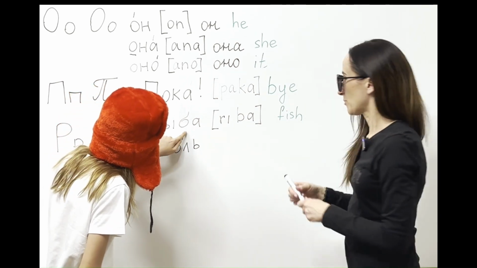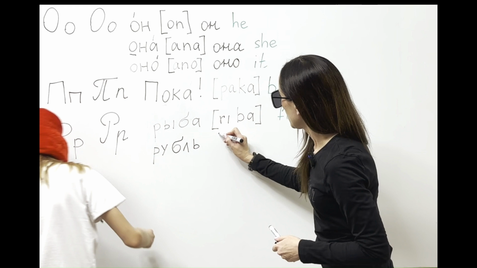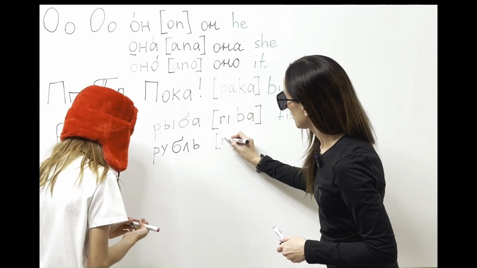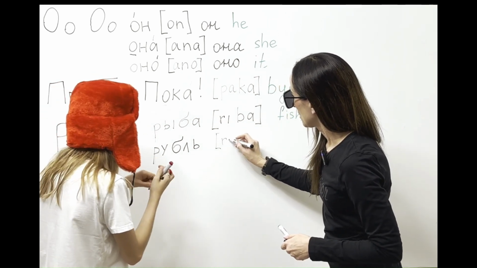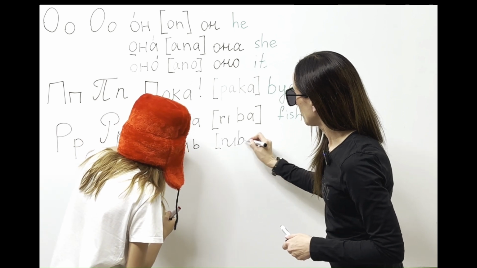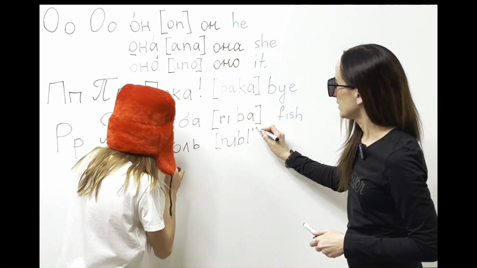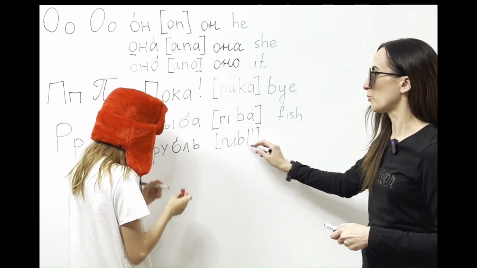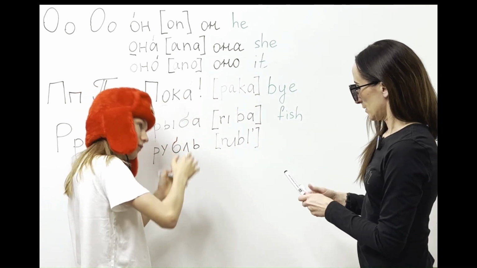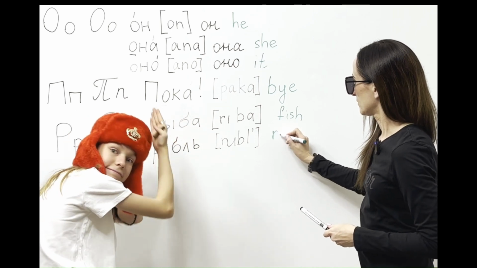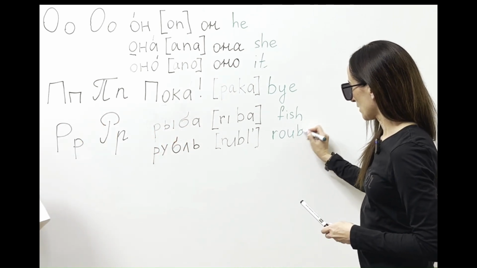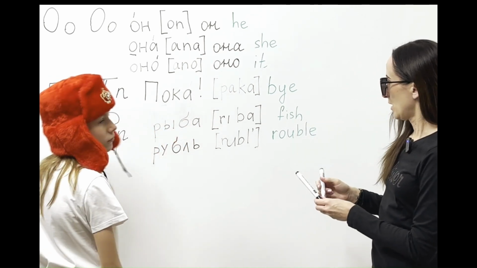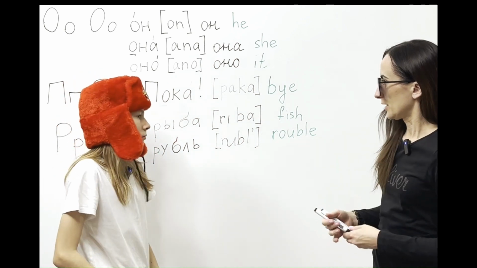Only for you, especially for you. Рубль. Here, this apostrophe shows that this L is soft. Рубль. Ruble or rubble in English.